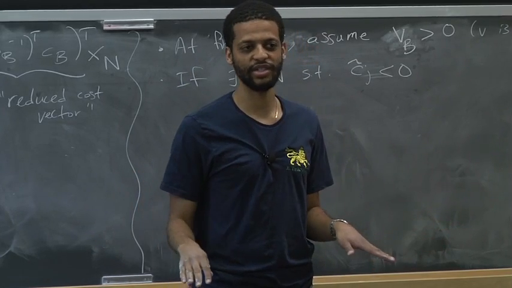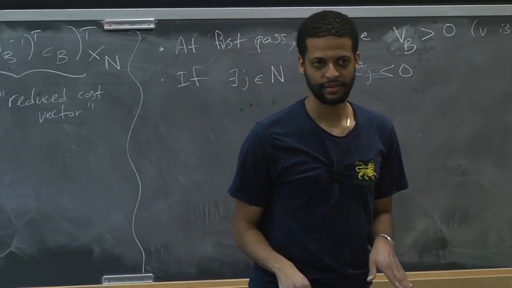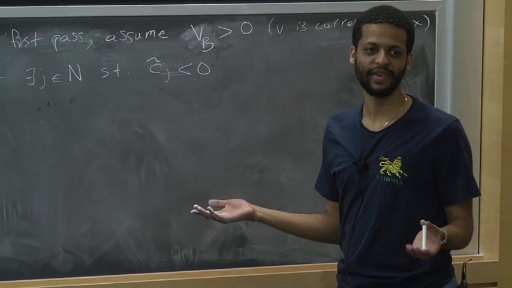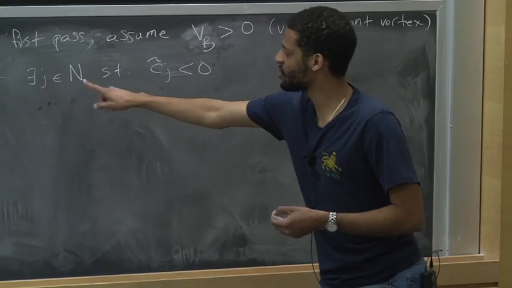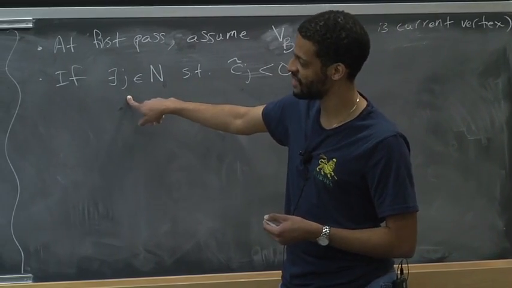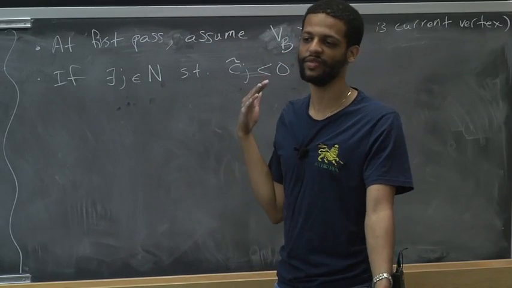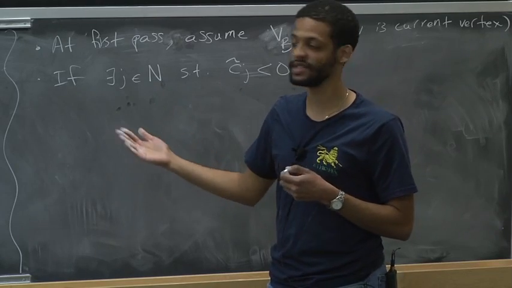And then I can't increase the jth coordinate anymore, to maintain feasibility. And then what I have is a new vertex. I've incremented one guy, he used to be 0. This is capital N, a set of 0 coordinates. So the jth coordinate of v used to be 0. Now it's positive. But then I've made something else 0. So I've moved to another vertex. So Simplex basically moves from vertex to vertex by doing this. Okay?